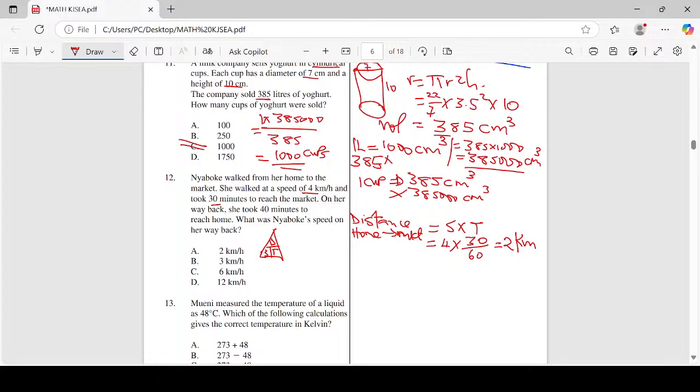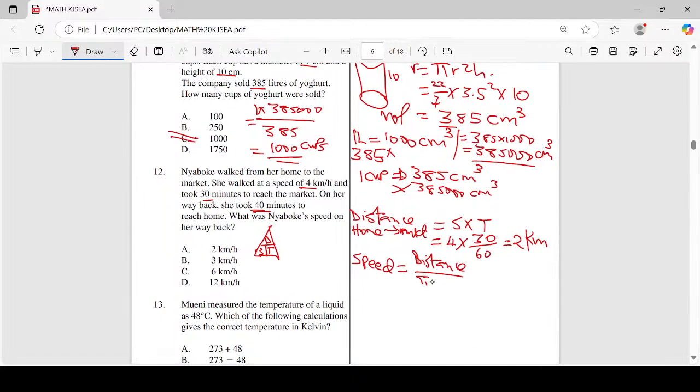After we've gotten the distance as 2 kilometers, they say when she came back home, she just used 40 minutes. What was her speed back home? For you to get speed, you take the distance over time. Sorry, you take the distance over time.